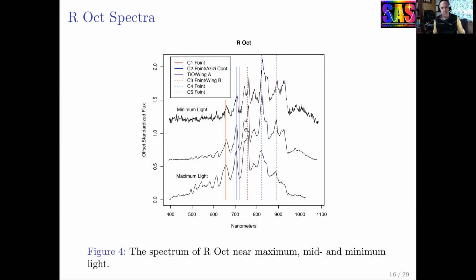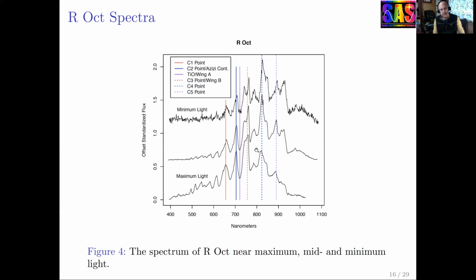As you go cooler, it becomes a definite little absorption line here at mid-light, and down at minimum light, there's a definite absorption line associated with that vanadium oxide molecule, which is the thing that makes it problematic for using in the wing ratio.